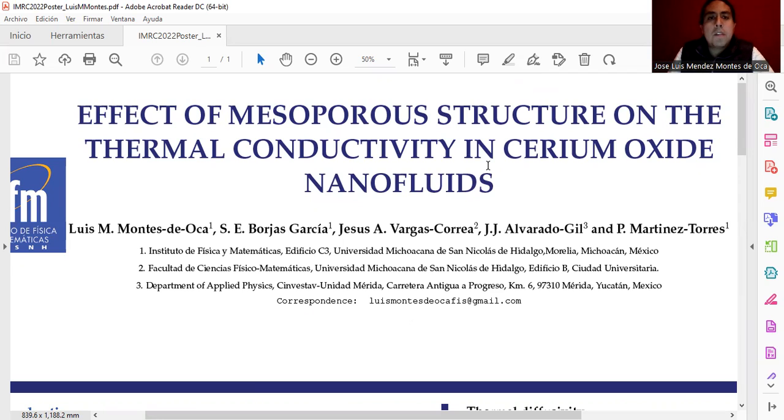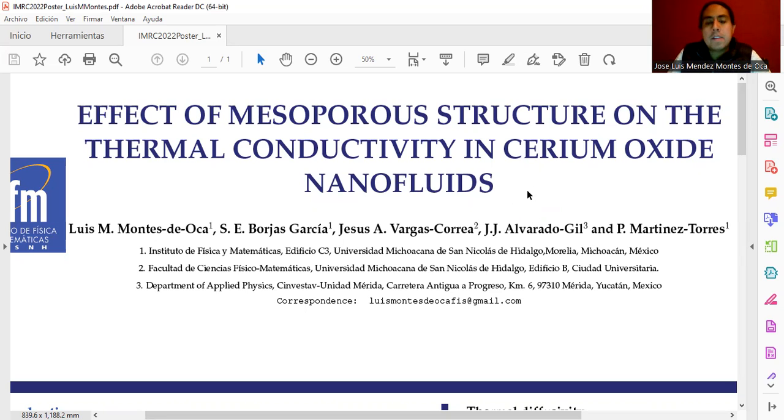This work is about the thermal characterization of suspensions made with nanoparticles in a liquid matrix, which are usually called nanofluids.